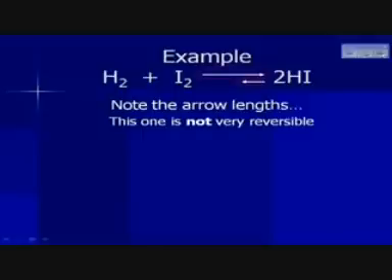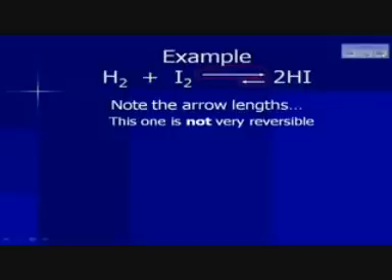If you guessed that this reaction is not very reversible, you were guessing right. The length of the arrow tells you which way the equilibrium, or which way the reaction, favors. So the longer arrow here means that it favors making products, or going in the forward direction, which is the way we normally think of reactions, right?